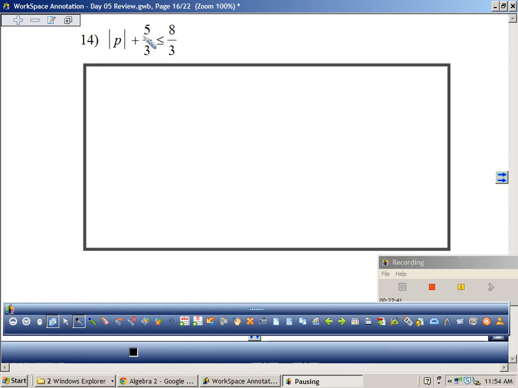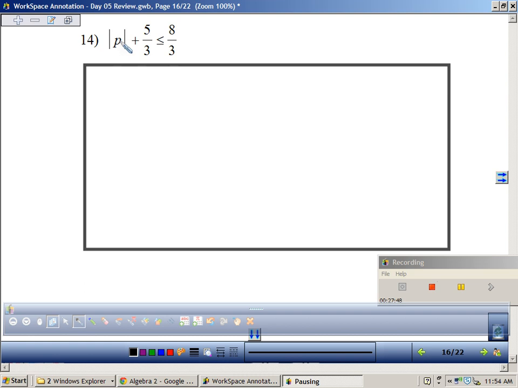Okay, so the first thing I need to do is isolate. How would I isolate the absolute value of p? Yes, Elijah. Subtract 5/3 from both sides. That's not as hard as it seems. We get the absolute value of p is less than or equal to, let's talk about what that means.